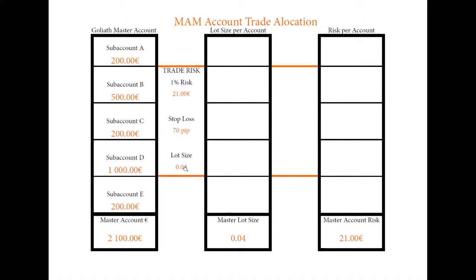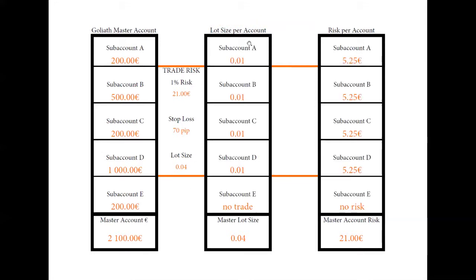So because the micro lot is not subdividable, there's going to be one account that will not enter this trade. In this case, sub-accounts A, B, C, and D are positioned in this trade, but sub-account E is not positioned.